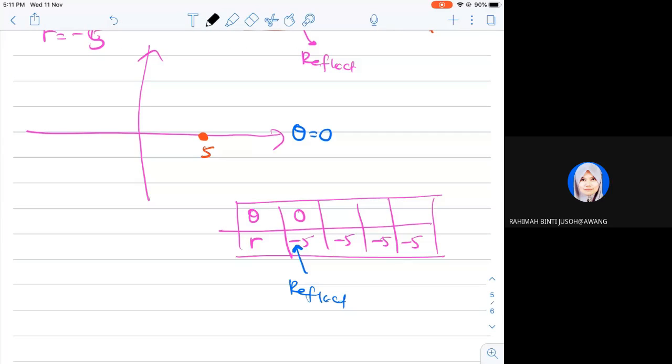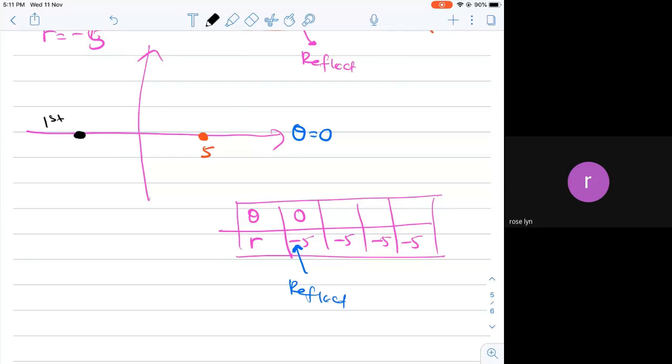Jadi wujud kat sini, first position. I denote this as first column. Okay, understand guys? Understand this first point.